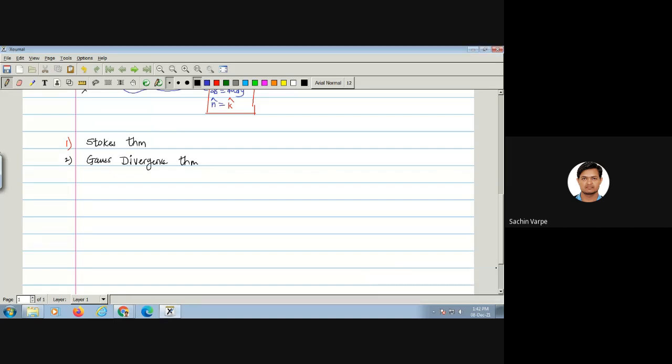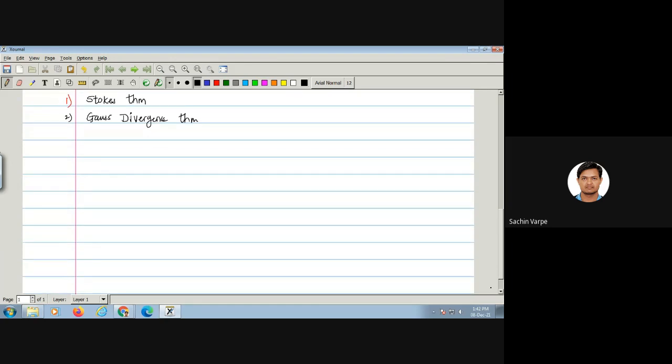Actually, if you remember, I have already discussed that the generalized Green's theorem is nothing but the Stokes theorem. That means the vector form of Green's theorem is nothing but the Stokes theorem in general. So let us discuss the Stokes theorem here.